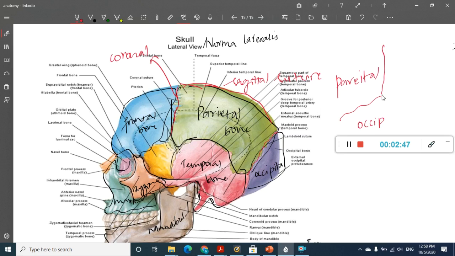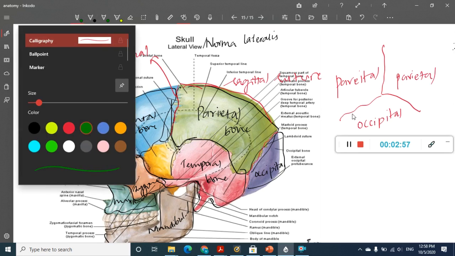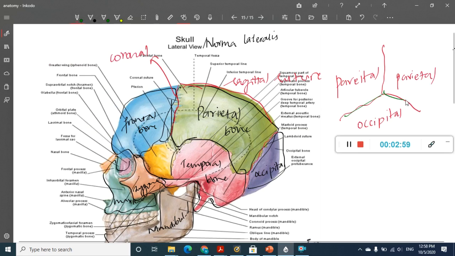This is the second parietal bone seen on the opposite side. This parieto-occipital suture looks like the shape of a lambda, so that is the reason why this suture is called the lambdoid suture.